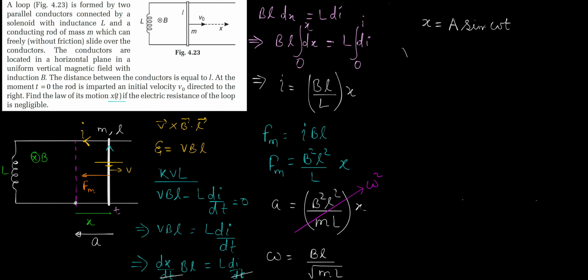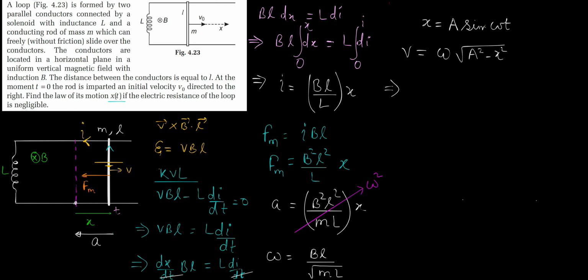See, using this relation, we know that velocity in SHM can be written as omega square root of a square minus x square. Okay, so initially we know the velocity of the rod as v naught.